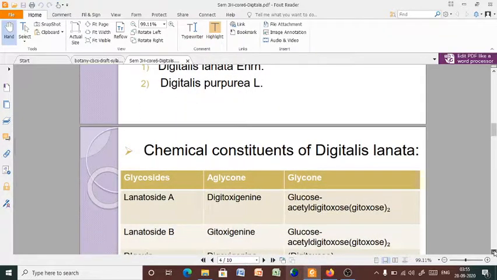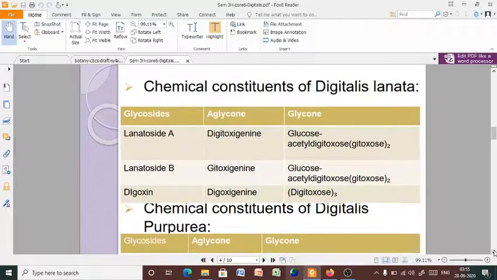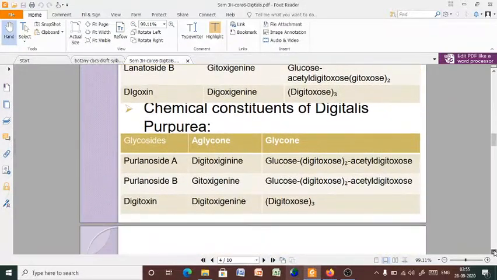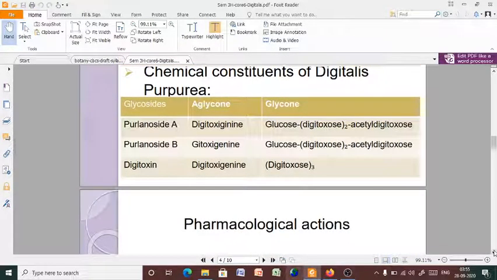Here I only want to mention the chemical constituents of Digitalis purpurea mostly. There are three types of glycosides which we have to remember: lanatoside A, lanatoside B, and digitoxin. These three are very, very important.